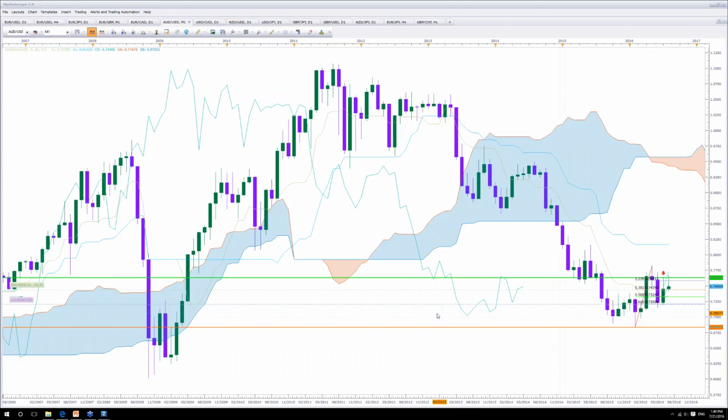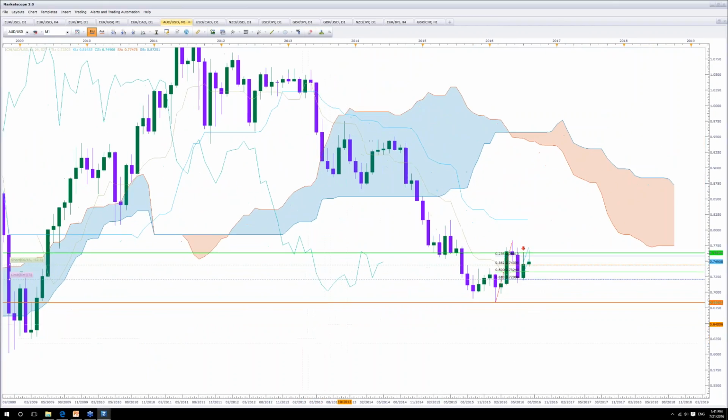On the monthly chart, we are seeing that this cycle over here is kind of coming to an end, while the Aussie dollar is still below the Ichimoku cloud. So much time has passed since the Aussie dollar broke below the cloud that this initial bearish signal is obviously expired now.